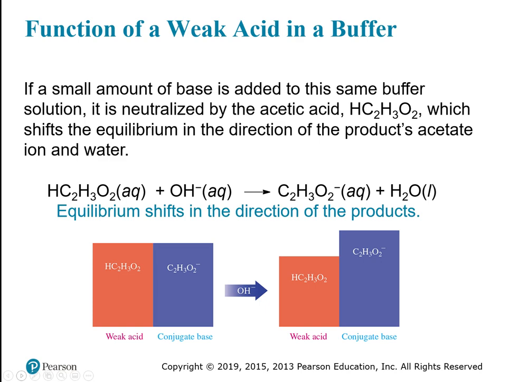The equilibrium is going to shift when you add base or acid to a buffer system. If you add in base, then you're going to decrease your weak acid available, and you're going to increase your conjugate base.